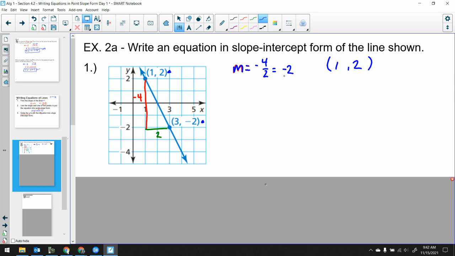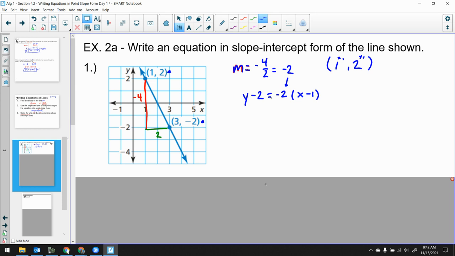Okay, so that was step 1, find the slope. Second step, put it into point slope form. Y minus 2, this is my 2 where it's coming from, is equal to negative 2, my slope, x minus 1. Okay, this is my x1, y1.